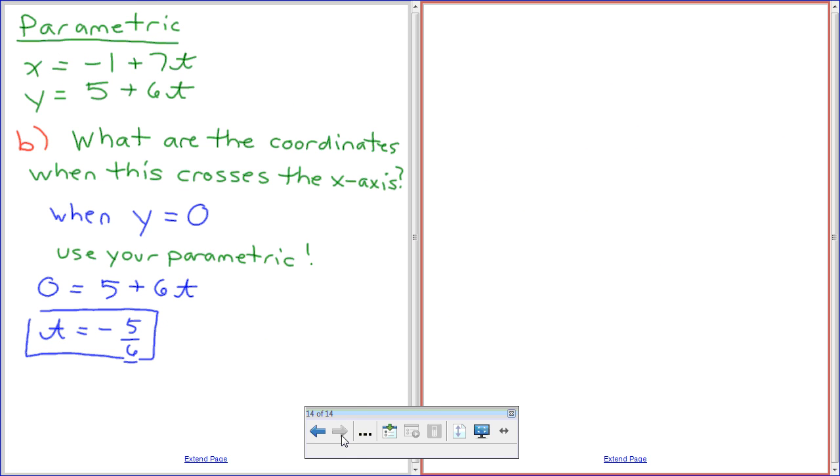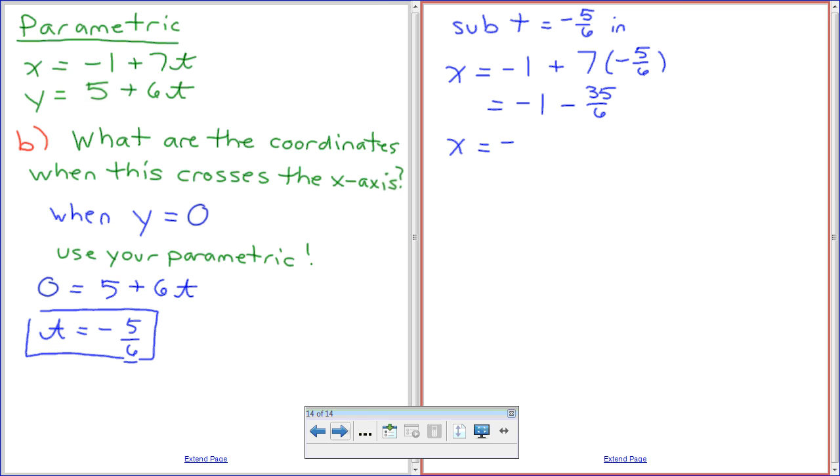So we're going to sub t equals -5 over 6. So I'm going to say x equals -1 plus 7 times -5 over 6, which equals -1 minus 35 over 6, which is -41 over 6.